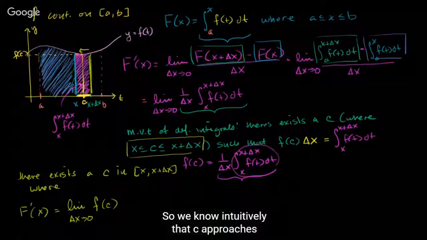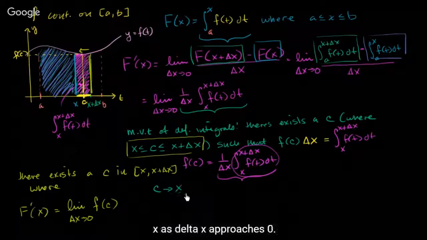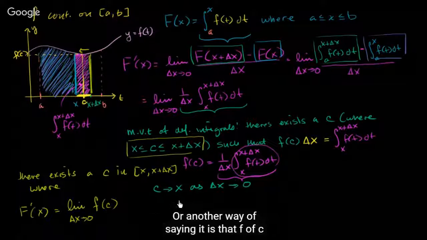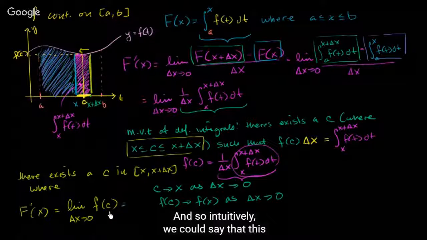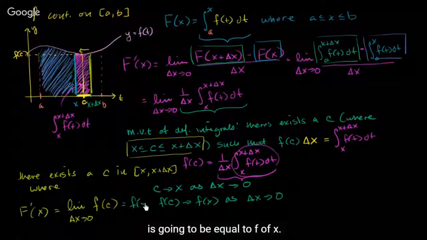So we know intuitively that c approaches x as delta x approaches 0, or another way of saying it is that f of c is going to approach f of x as delta x approaches 0.